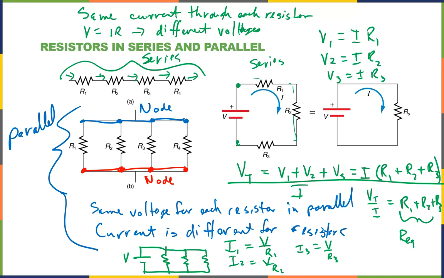And remember, current is just charge per second. So any current that goes out of my battery has to go through one of the available pathways. So it has to either go here or here or here. And so my total current is I1 plus I2 plus I3.